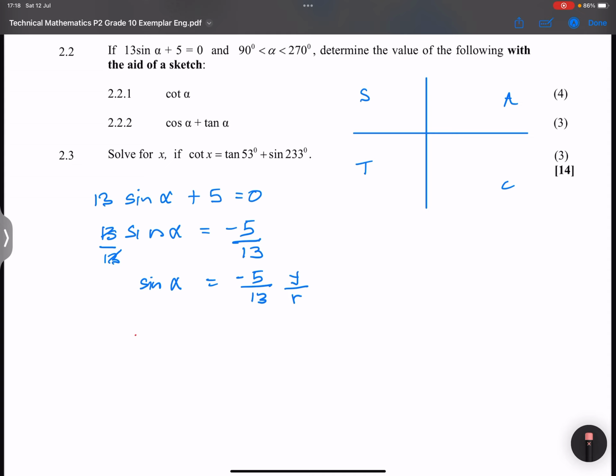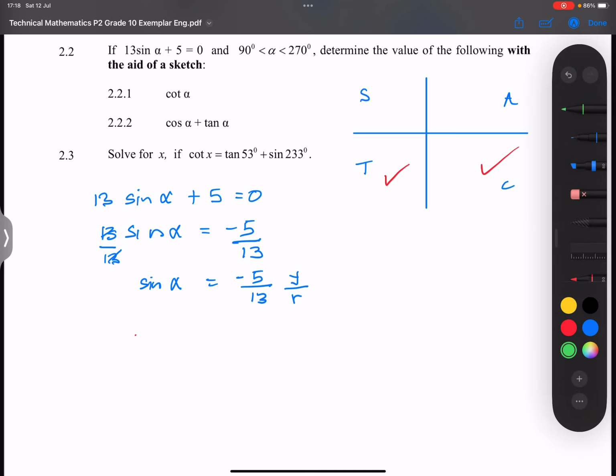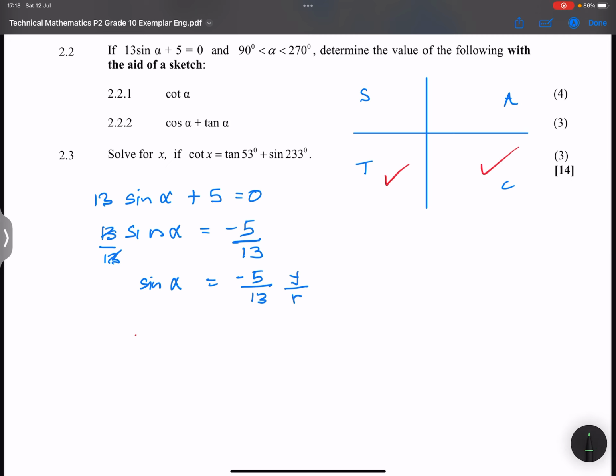Now, where is sine negative? We know sine is positive in the first and in the second quadrant, so I use a tick. Where is sine negative? It's in the third as well as in the fourth quadrant. But now I don't know which quadrant it's going to be, so I need to check the additional information.